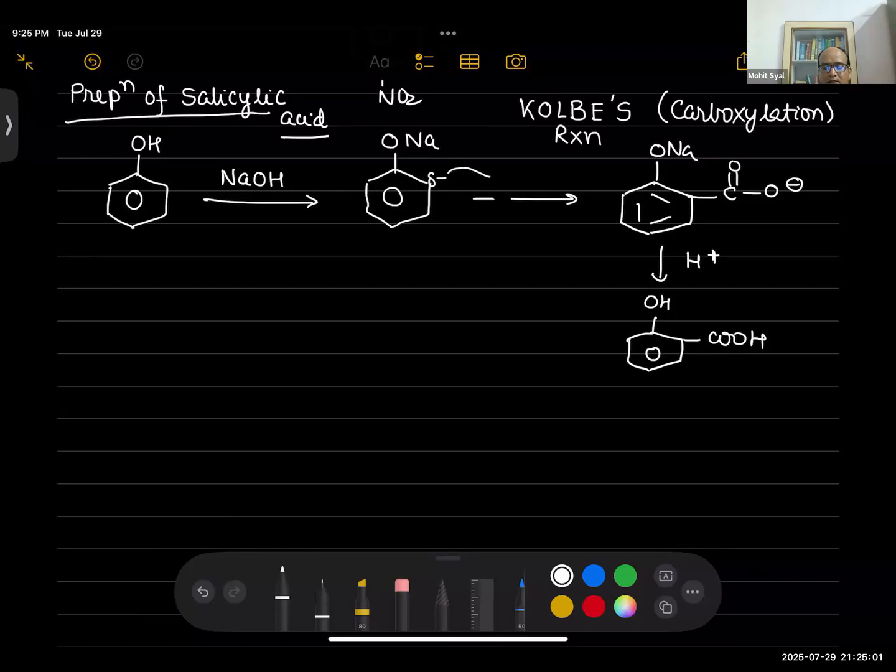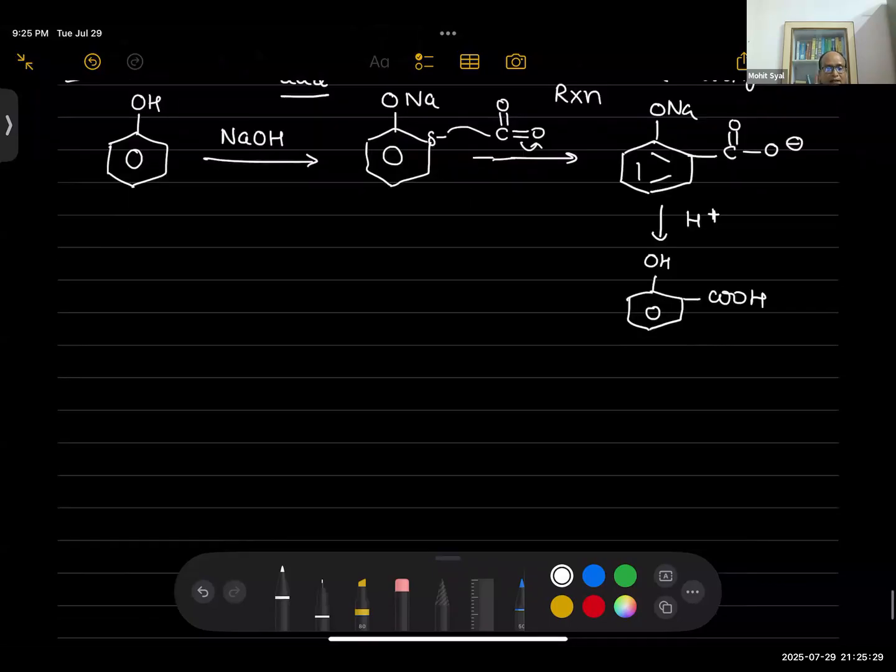This CO2 will get attached as COO minus on this. Ortho position is more reactive. There are two ortho positions, so you are going to get the ortho substituted product more than the para one. This is salicylic acid.